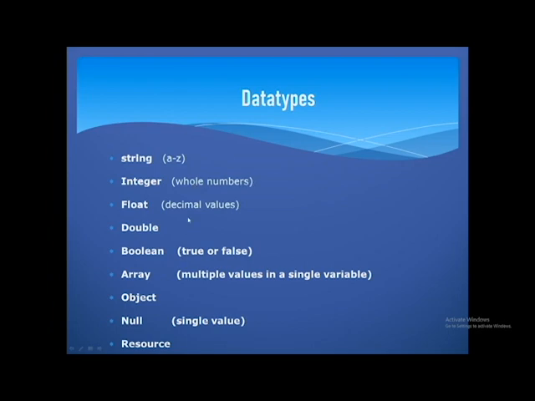Boolean is a true or false condition. Array is multiple values in a single variable; for that, you have a separate lesson. Object, this we have to use in class. Null is a single value. Resource is for database connections.